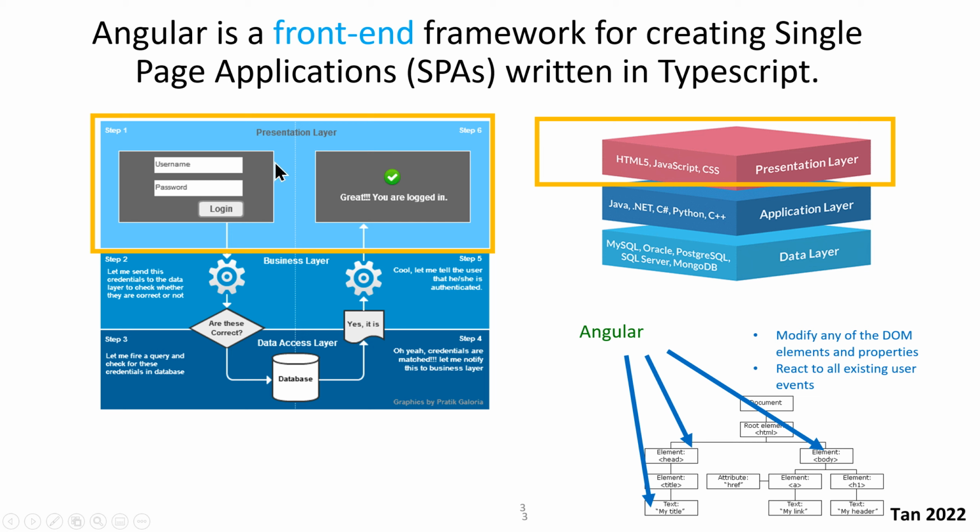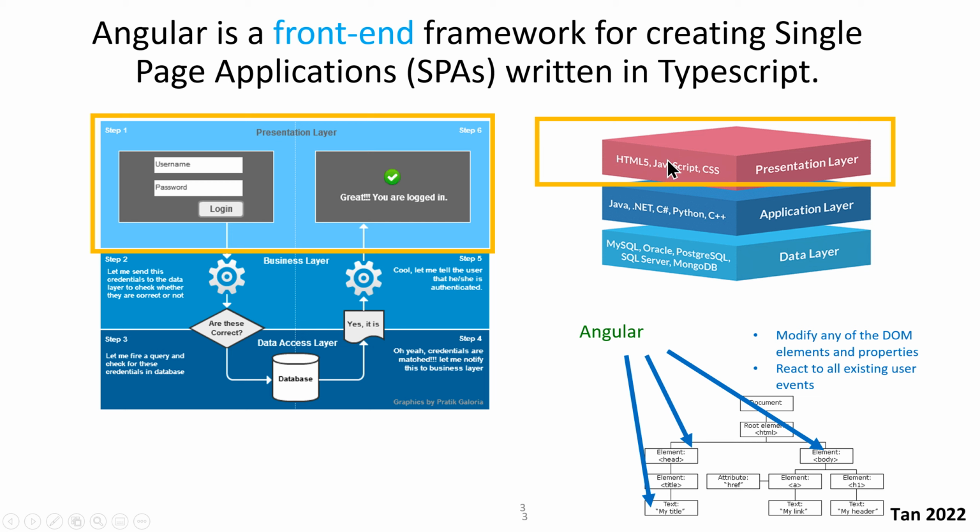So the Angular application that you write is essentially going to be working at the presentation layer of the three-tier web application that we discussed in a previous lesson, right? So we saw at the presentation layer, essentially you're having HTML5, CSS and JavaScript.